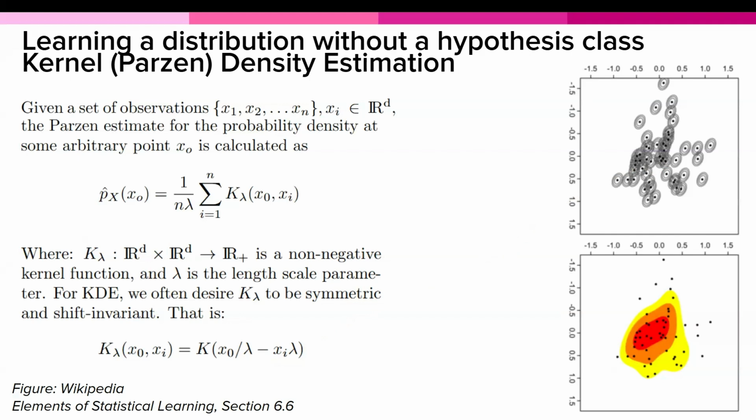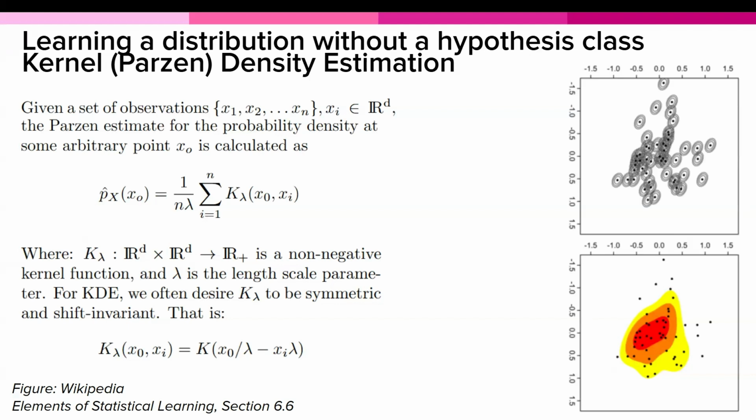Typically in kernel density estimation, this lambda parameter is fixed. We select one lambda parameter for the whole data set.